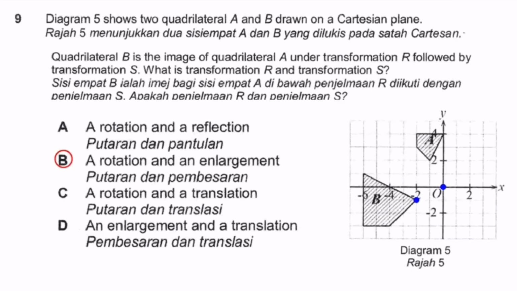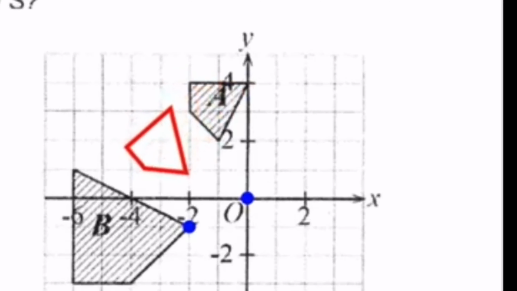First of all, A is the object, so we will focus on A. A goes through rotation to the first image, and then the final image becomes bigger, so we will do enlargement. So we will rotate the object, after that we will enlarge the object, so the answer is B.